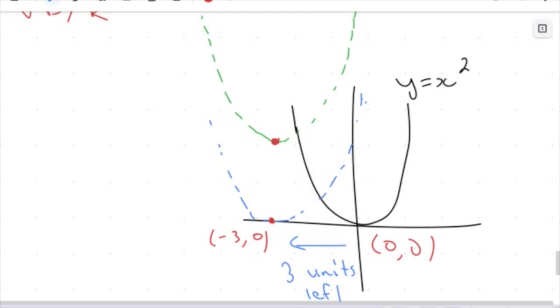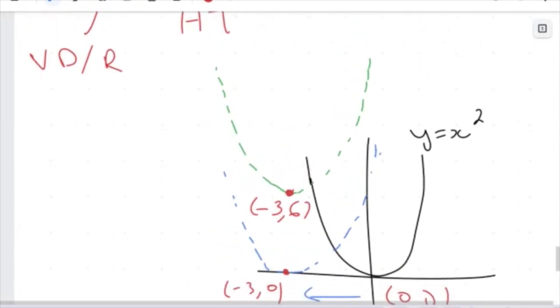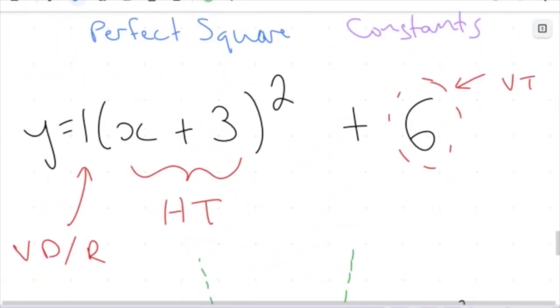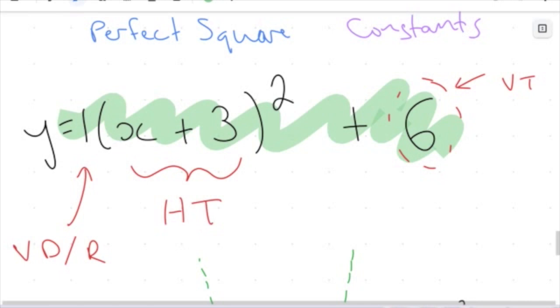And it's gone 6 units up, which gives me minus 3 in the x and 6 in the y. So that means my new turning point is at negative 3 and 6 for my particular equation of my parabola.